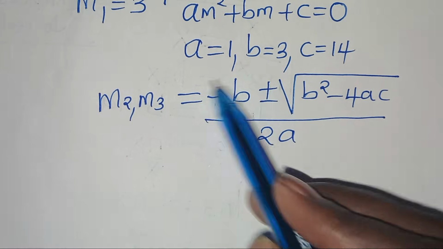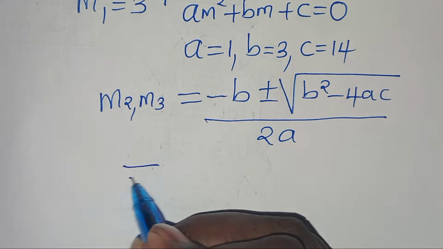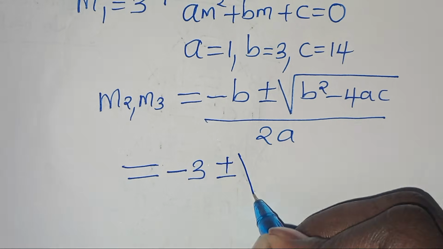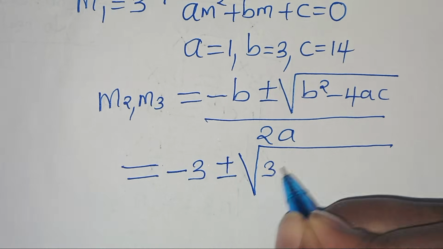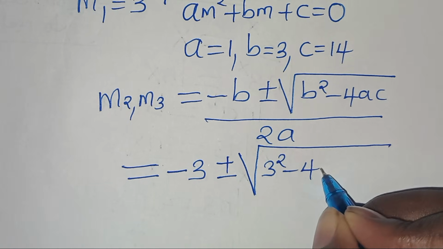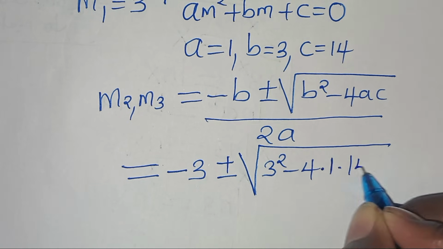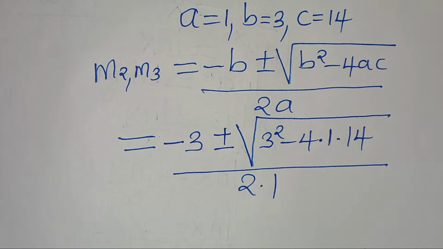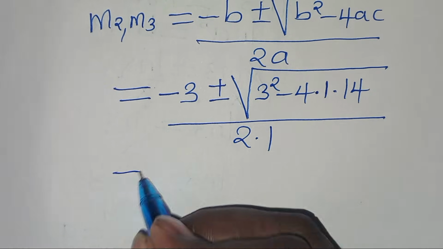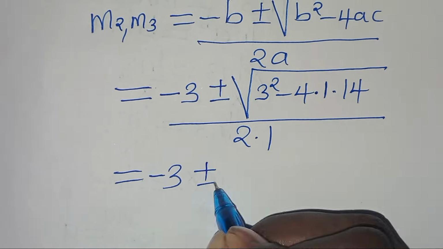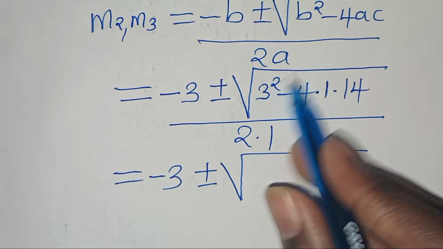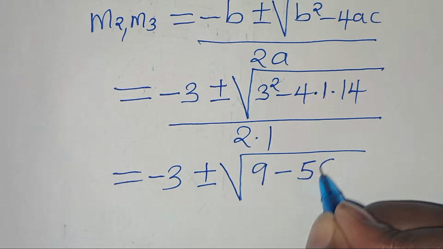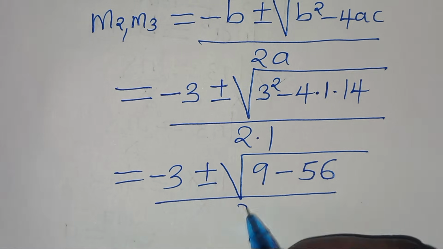Now let's substitute the values of a, b, and c, so that here we have minus 3 plus or minus the square root of 3 squared minus 4 times a, which is 1, times c, which is 14, everything divided by 2 times 1. So we have minus 3 plus or minus the square root of 3 squared, this is 9, minus 14 times 4, this is equal to 56, everything divided by 2.